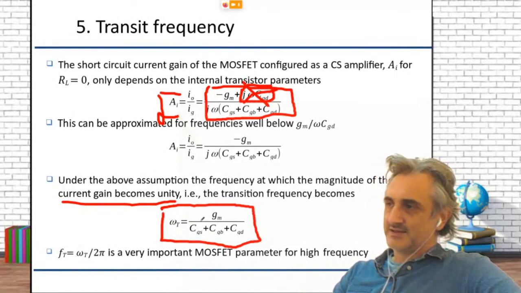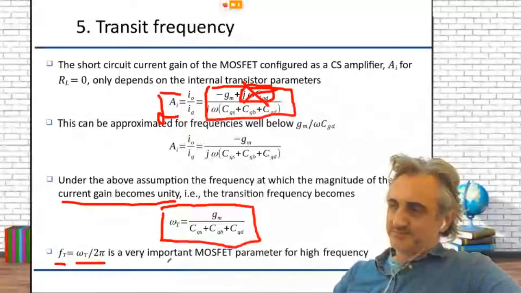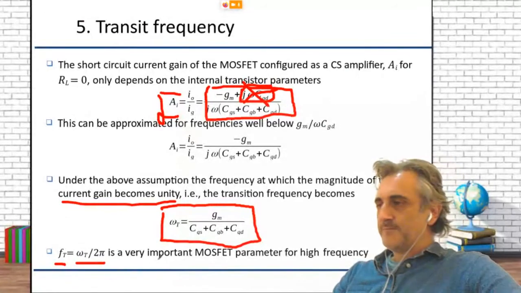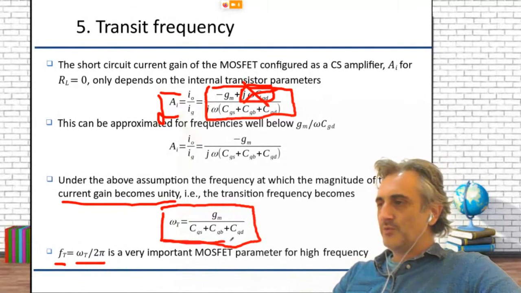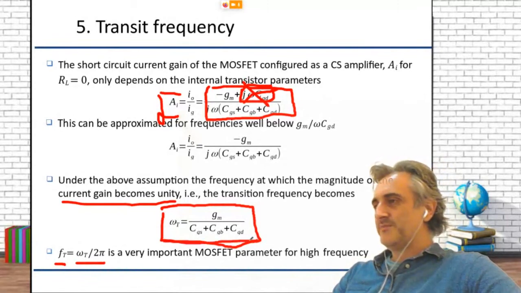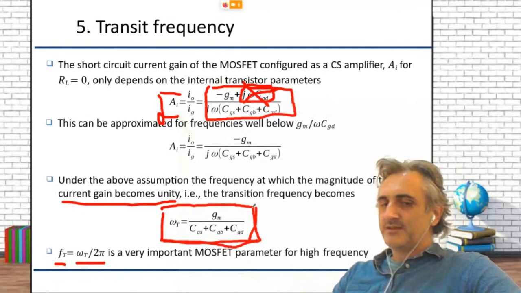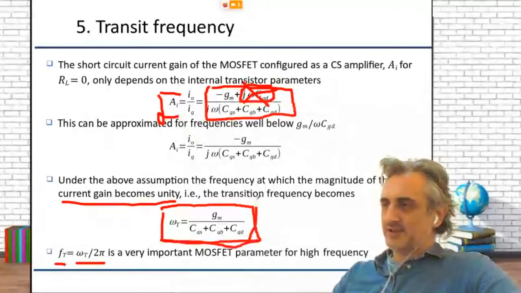This is the transit time, and the transit frequency is obviously the inverse. We define the transit frequency as this angular frequency over 2pi. It's very important in design for high frequency because it defines when our amplifier stops working as an amplifier.